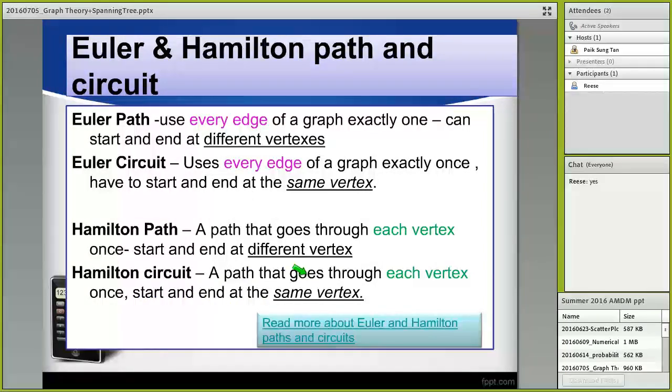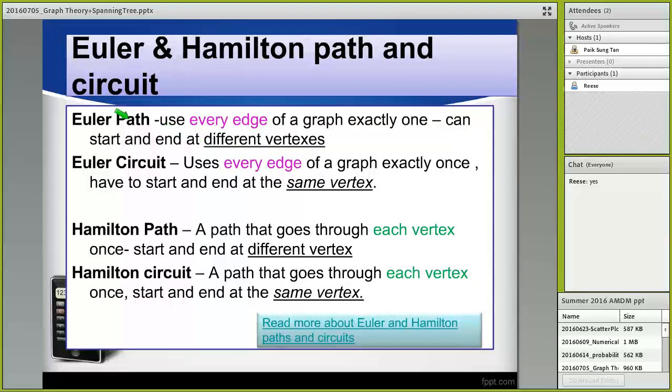Okay. So now we're going to review what Euler and Hamilton path and circuit are. For Euler path, the path goes through every edge of a graph exactly once and can start and end at a different vertex.